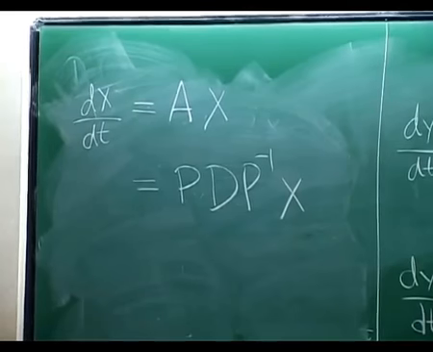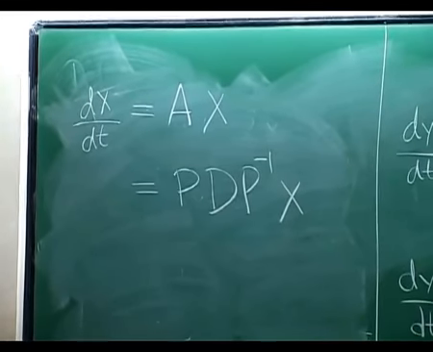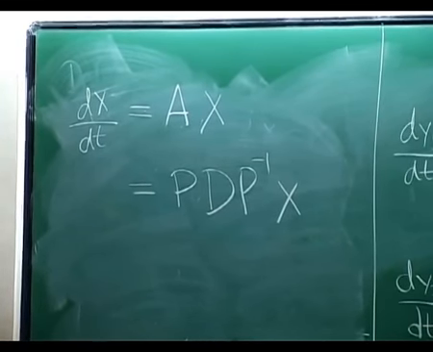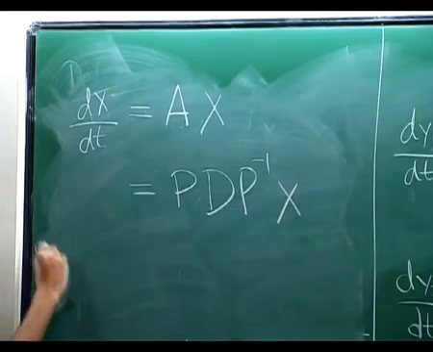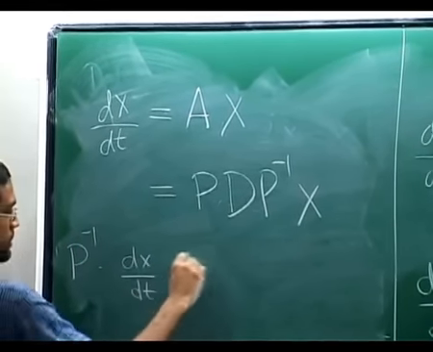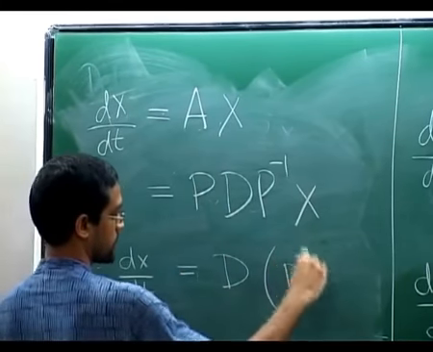Now what do we have? dX/dt is P times D P inverse X. Now let's do the following. Let's multiply both sides of this equation by P inverse on the left. So P inverse times dX/dt is, so that this P goes away, D times P inverse X.